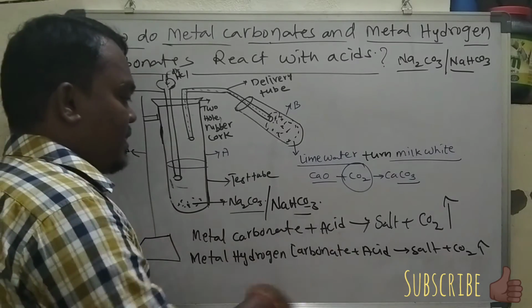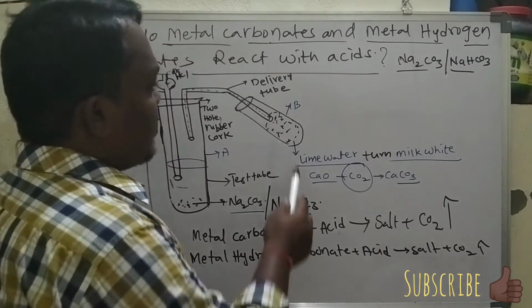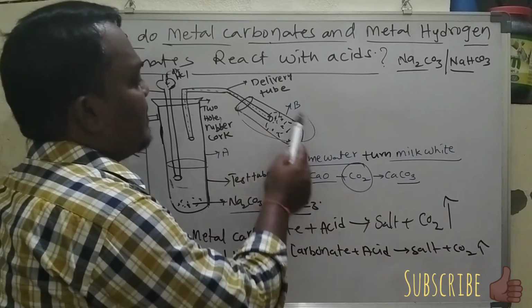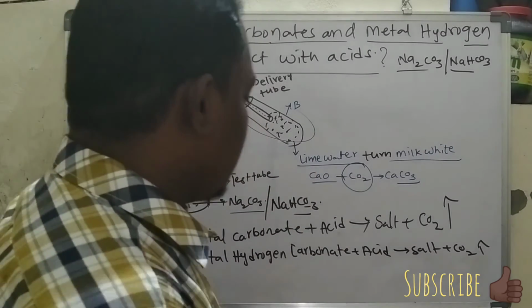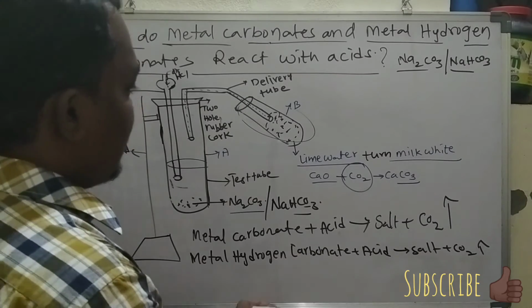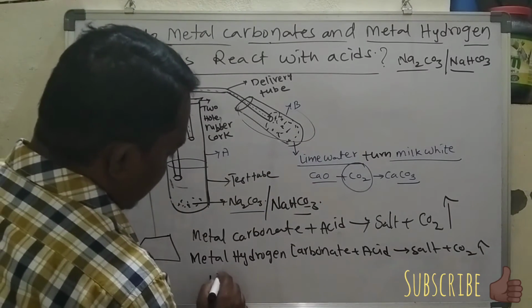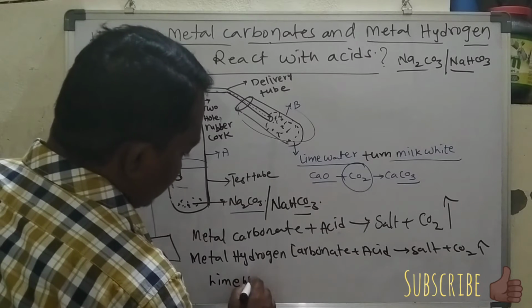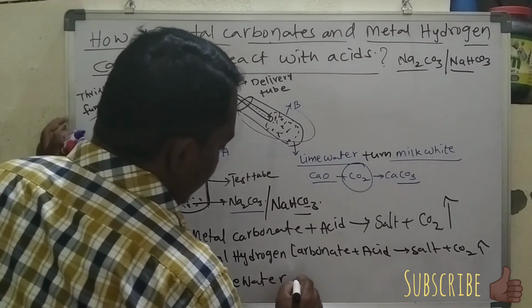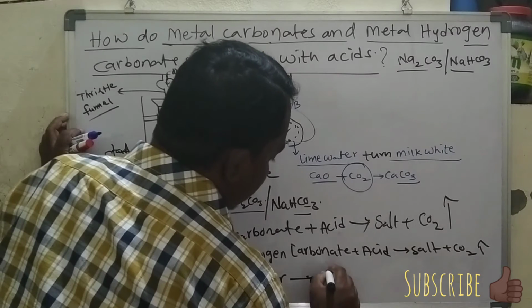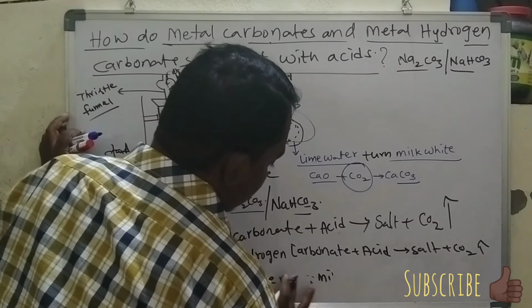So this reaction happens. We observe what takes place in the test tube: the lime water, that is calcium oxide, turns milky white when we pass the gas through it.